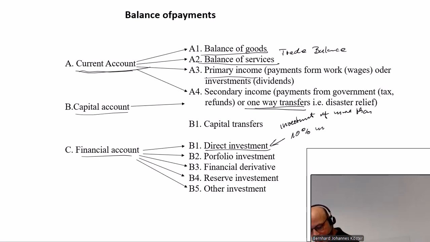So right now, the Chinese, they want to buy our companies, and if there is an investment larger than 10%, then we call it direct investment, then portfolio investments, and all the financial derivatives.